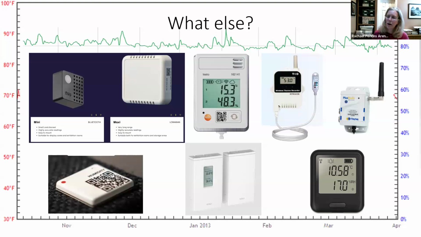So again, all of these products are ones that will take measurements for temperature and relative humidity, and often light and some other factors to a degree of accuracy and repeatability that is more than sufficient for most of our purposes. And so again, it's really a question of matching the features that each of these loggers have and their price points with your need.